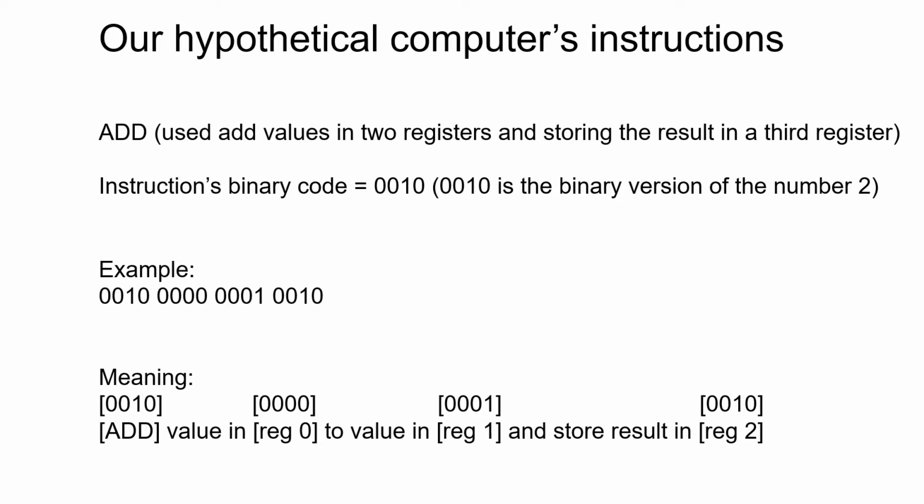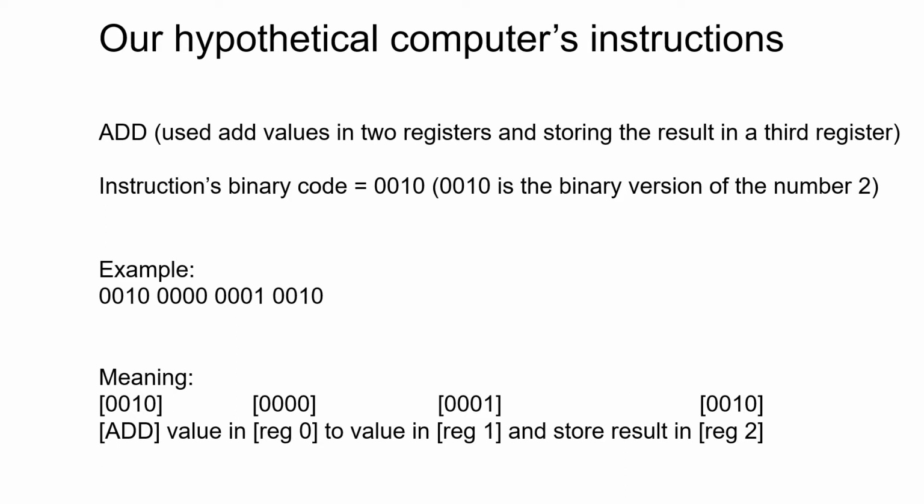Add value in register 0 to value in register 1 and store the result in register 2, or in binary 0010. So that's what the instruction will be: add whatever is in register 0 to whatever is in register 1 and store the result in register 2. And in binary, that instruction would look like 0010, 0000, 0001, 0010.